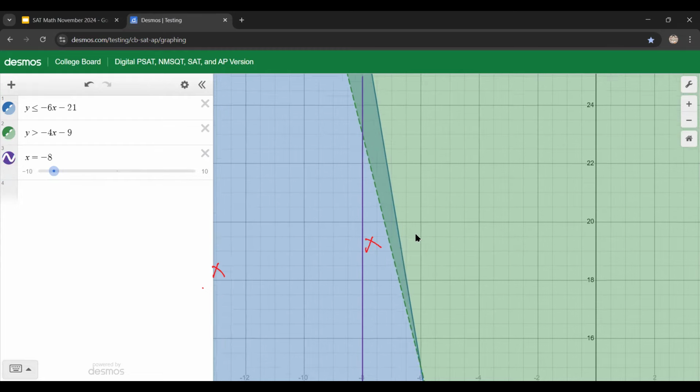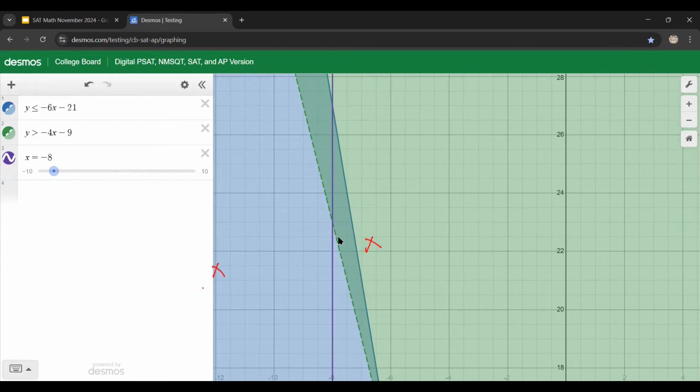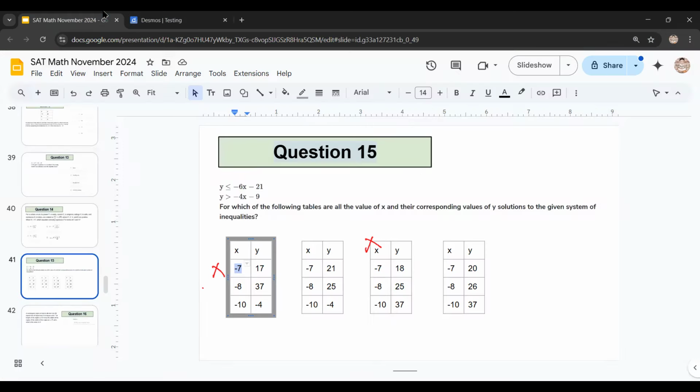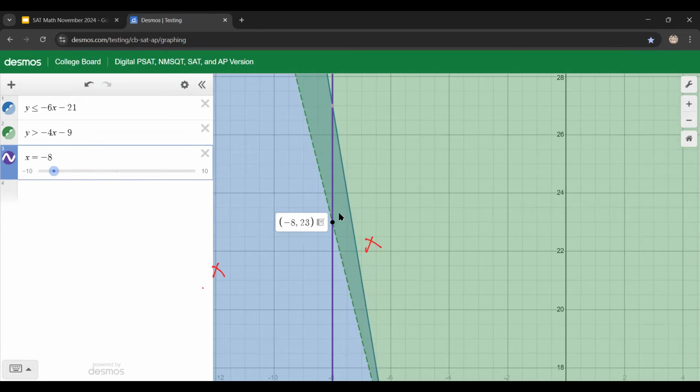Here, 23 is not possible. We have 25 and 26. This point is 25. See, this is 27. That means 26 is a possible solution.